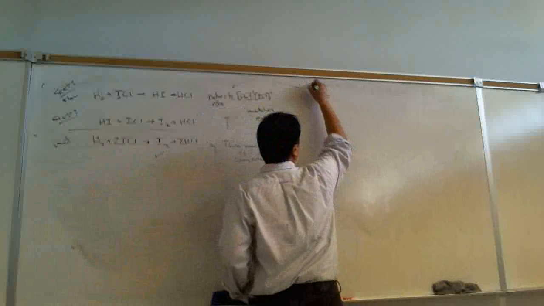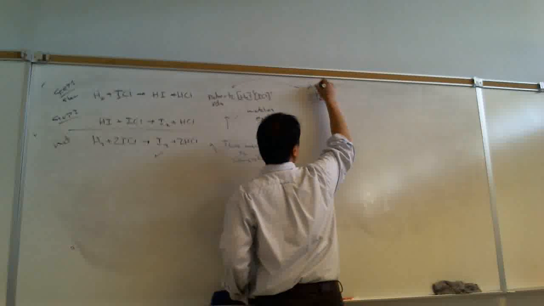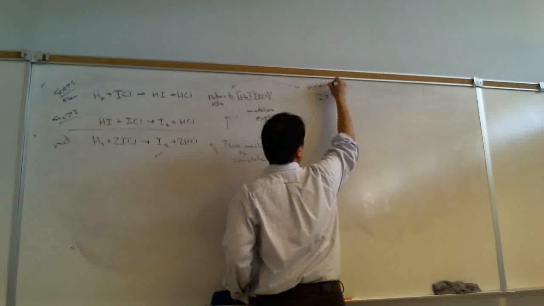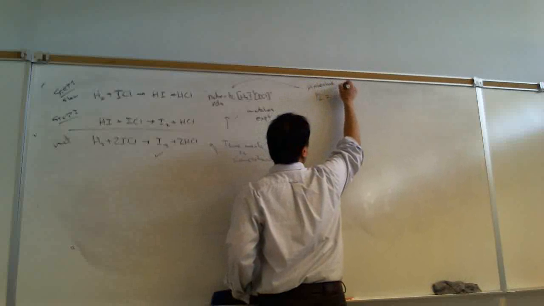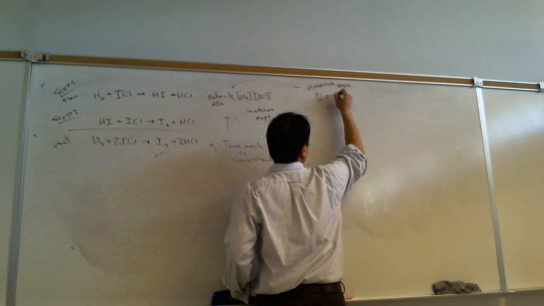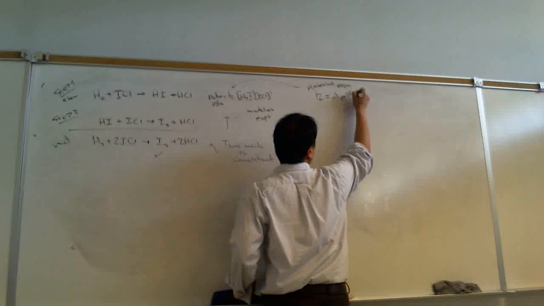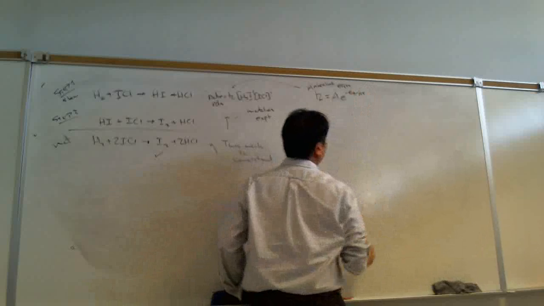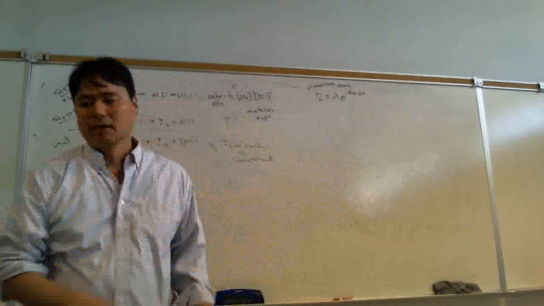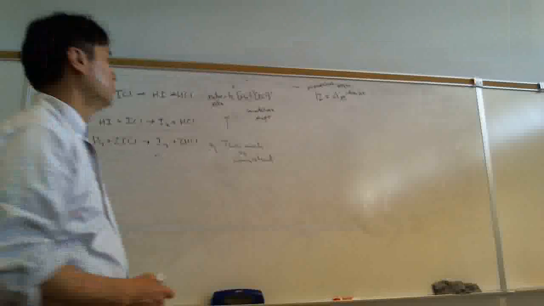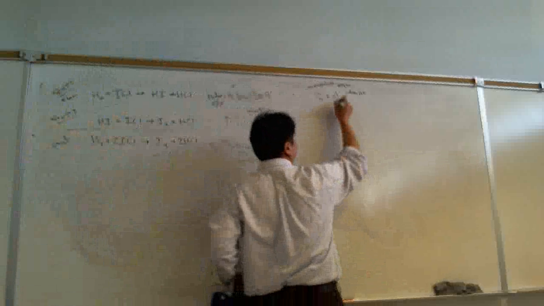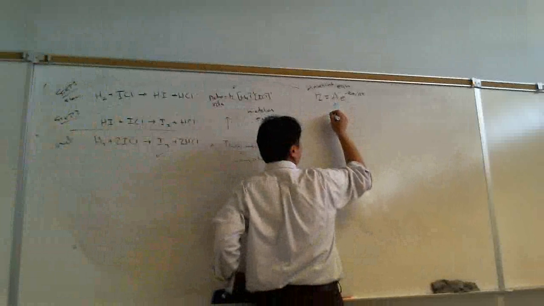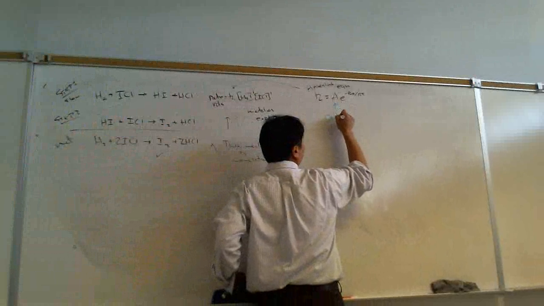k, the rate constant, is given by the Arrhenius equation: k equals A e to the minus Ea over RT. A is called the collision frequency.